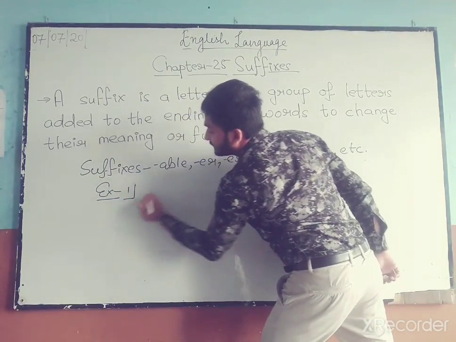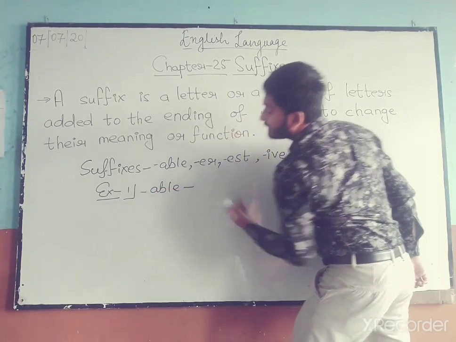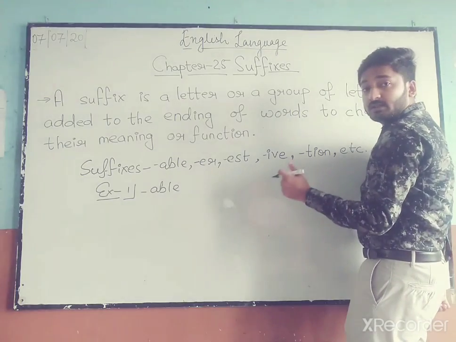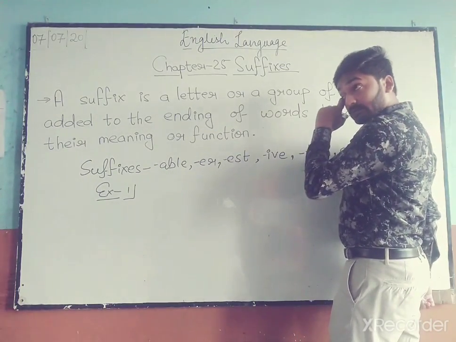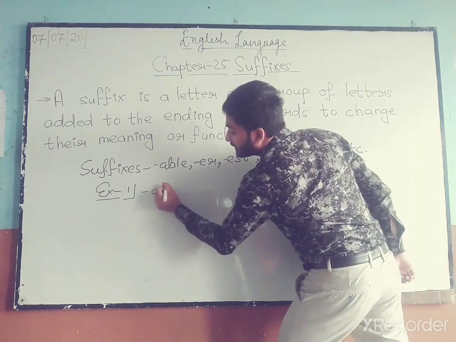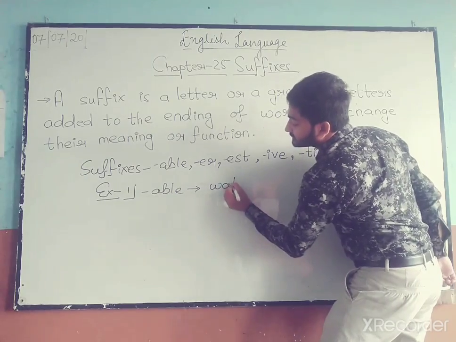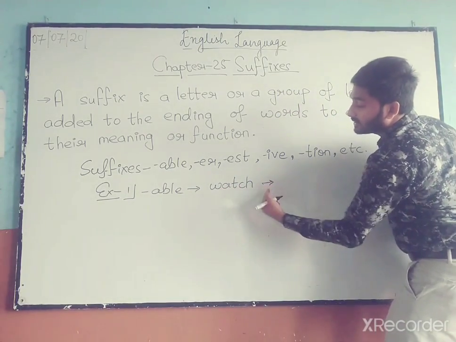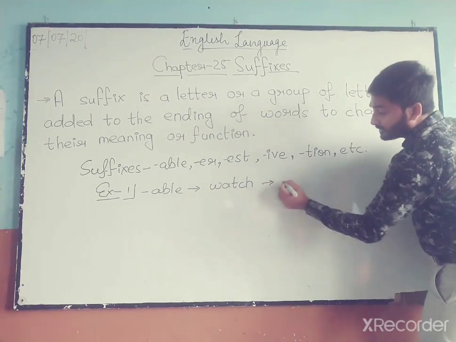Like the first suffix today, able, and we have to add it to root words. So we'll see. Number one is able. Word: watch. When we add able with watch, then what will we get?